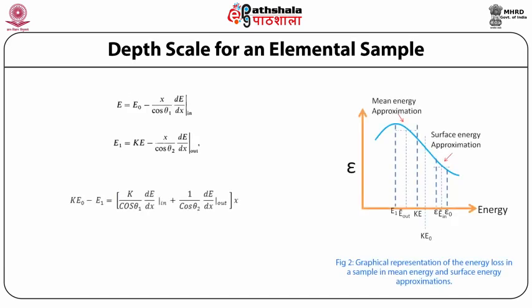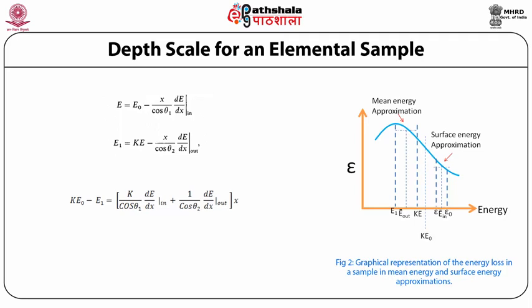A graphical interpretation of these two equations is given in figure 2, which represents the energy loss in a sample in mean energy and surface energy approximations. Part A shows dE by dx as a function of energy as a light line.